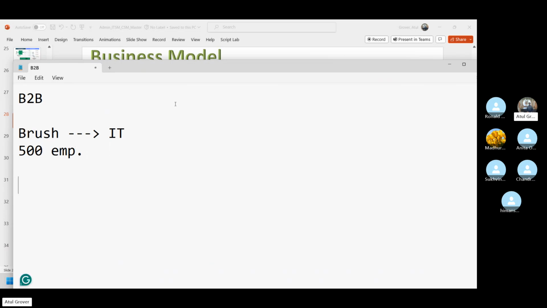Brush says that my 500 employees must get insurance, like we have a policy in our company, right? When you join a new company, you get insured automatically. So Brush connected with Tooth. Tooth is an insurance company. Brush told Tooth that I have 500 employees. Can you insure all my employees? They say yes.